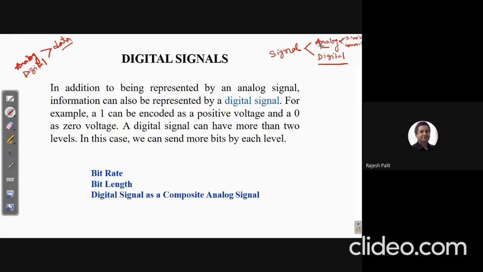The analog signal can be periodic or non-periodic, right? When the shape repeats, it is called periodic. When the shape does not repeat, it is non-periodic, right?